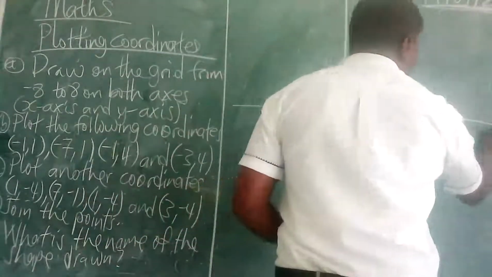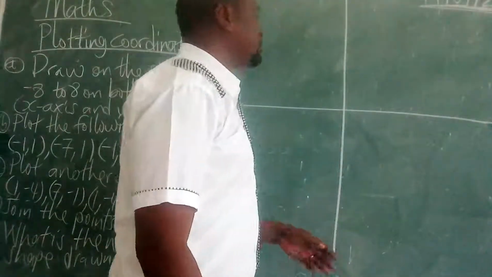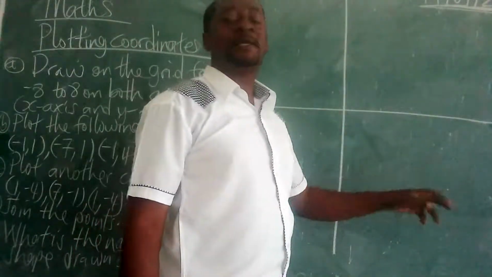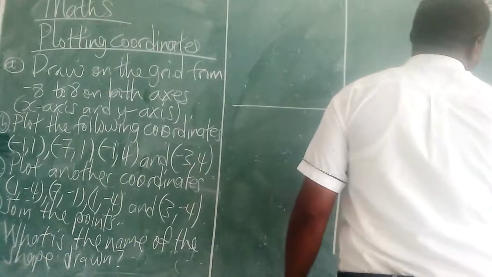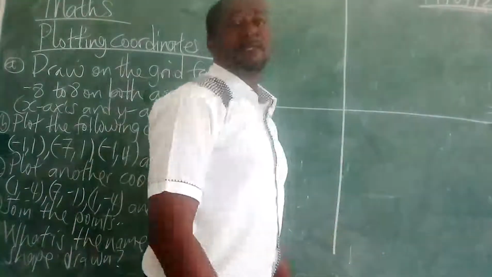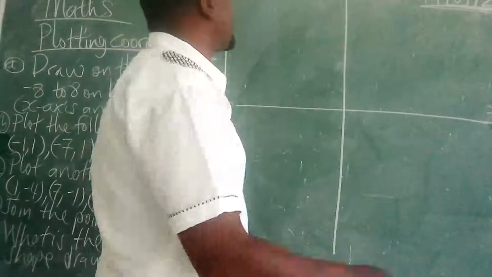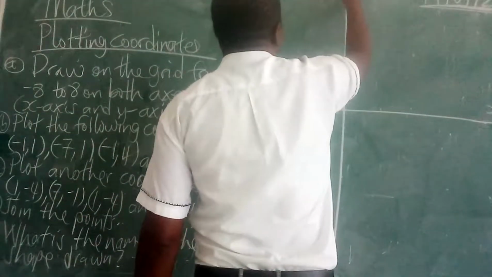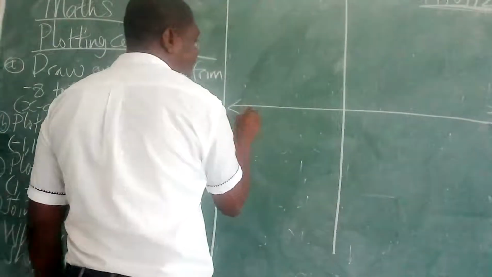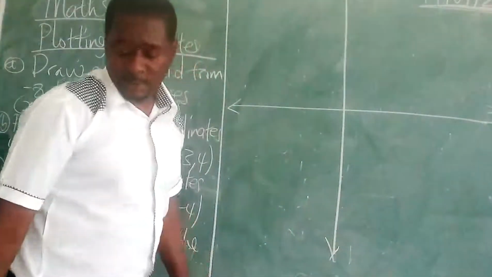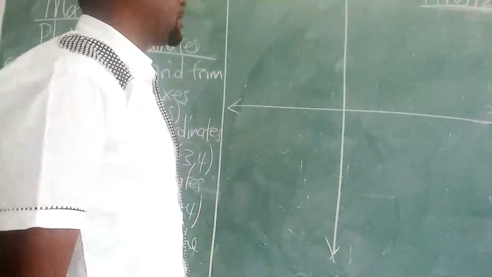And I've told you that on the grid, the horizontal line is called the x-axis. And then the vertical line, we call it what? Y-axis.